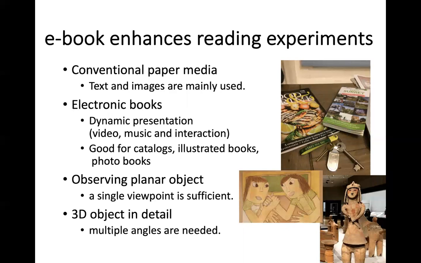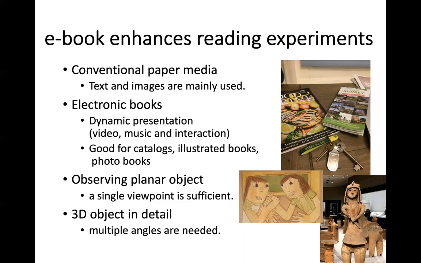In the conventional paper media, text and images or figures are used mainly. On the other hand, in the electronic book, we can use dynamic presentation, such as video display, music sound, and interaction to the multimedia. So it is good for catalogs and illustrated or photo books.